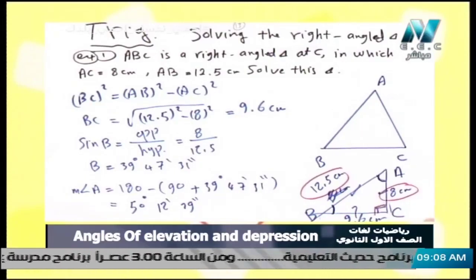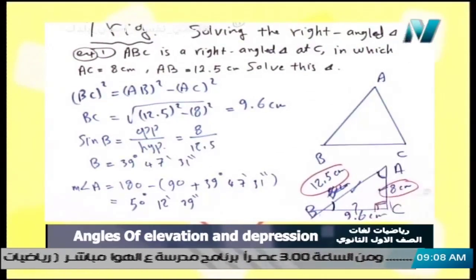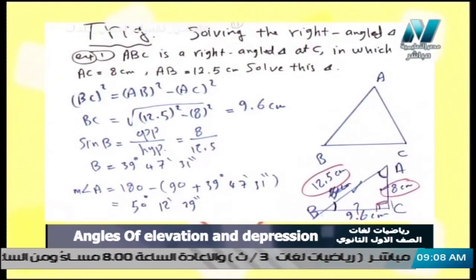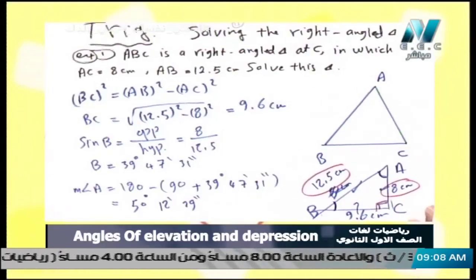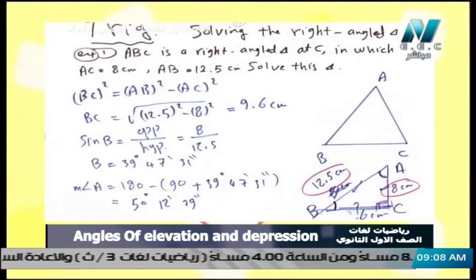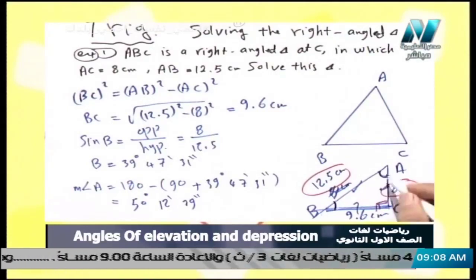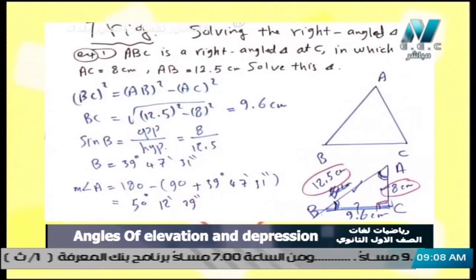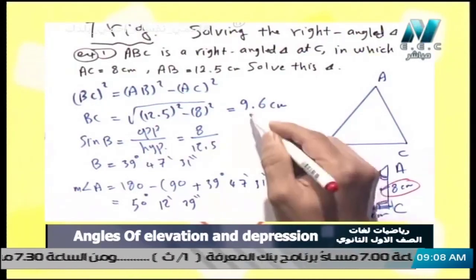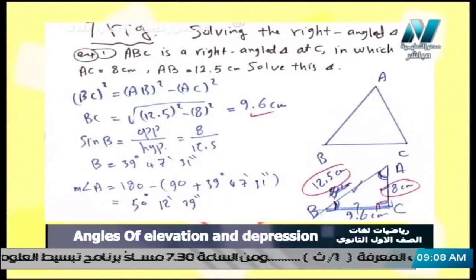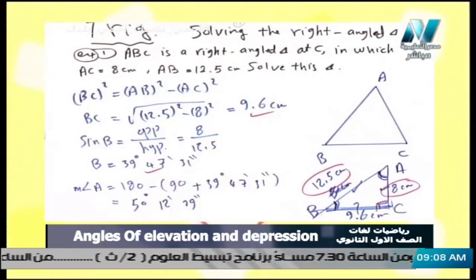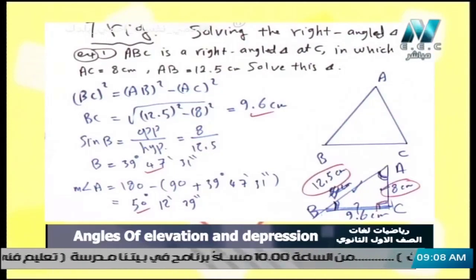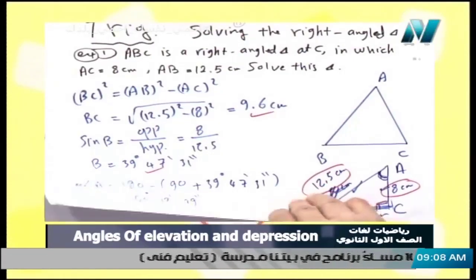To solve the triangle, we must find the other 3 elements, which are the side BC, this one, and the angle A and the angle B. And we have done it: BC equals 9.6 centimeters, the angle B is 39 degrees 47 minutes 31 seconds, and the angle A is 50 degrees 12 minutes 29 seconds.